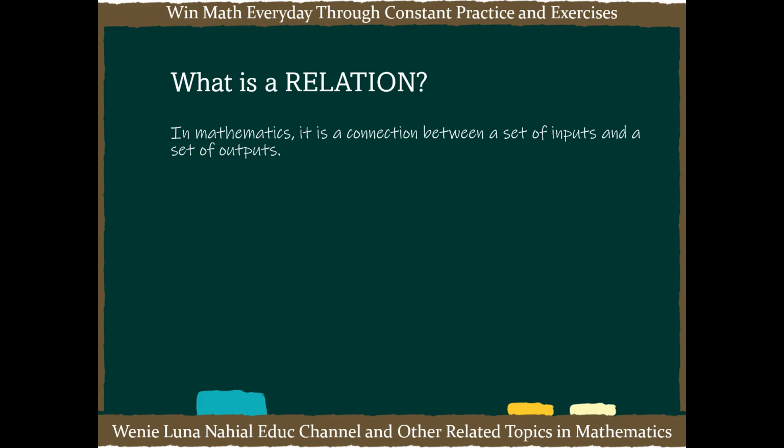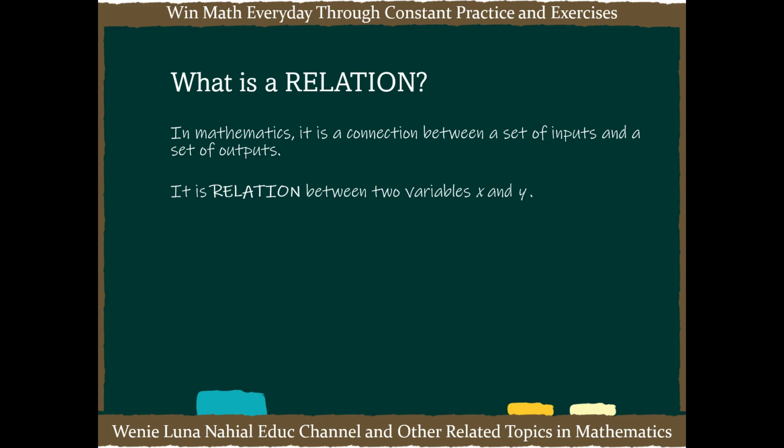Now, it has to be understood that before the output, there is a condition in place for us to get an output. Then it is a relation between two variables x and y.